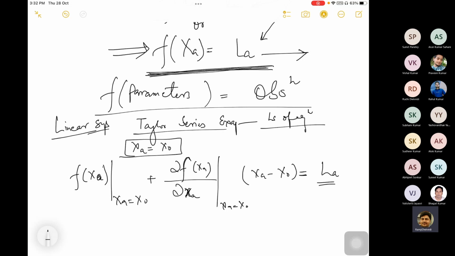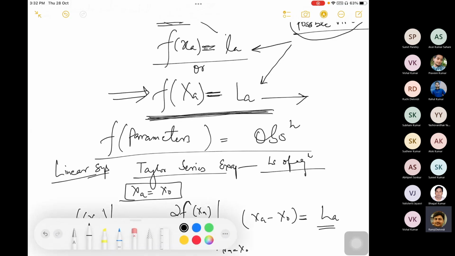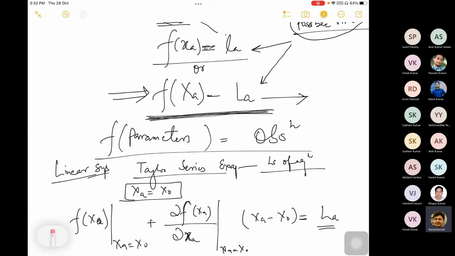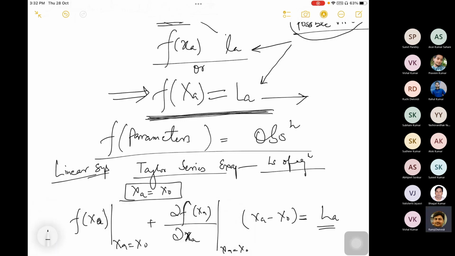Now here, one more food for thought. The equality sign, which we are highlighting here for preparing the function, will only hold for adjusted values. If you see, I have used xa and la on both sides.